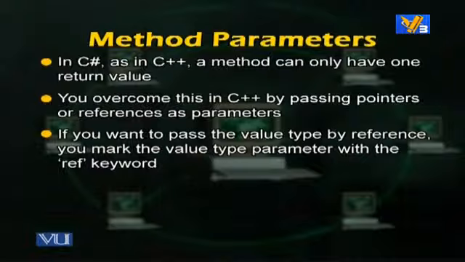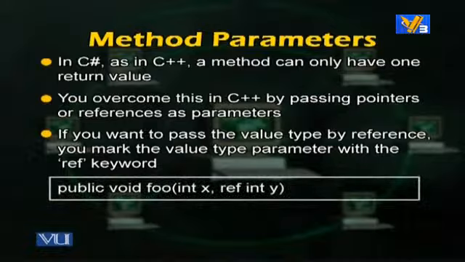So, if you want to pass the value type by reference, you mark the value type parameter with the ref keyword. So when we have public void foo(int x, ref int y), here we have these two parameters x and y, both of type int. So both of these are value types. The first one is passed by value, the second one is passed by reference.